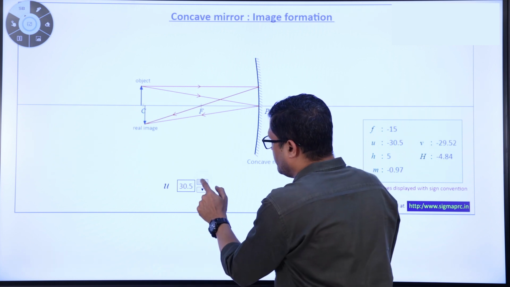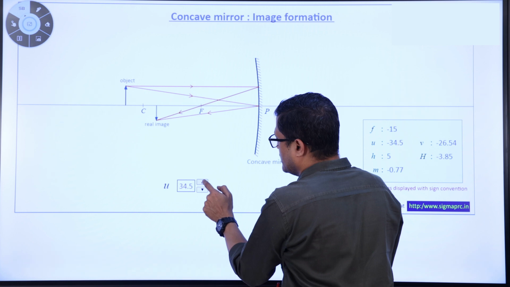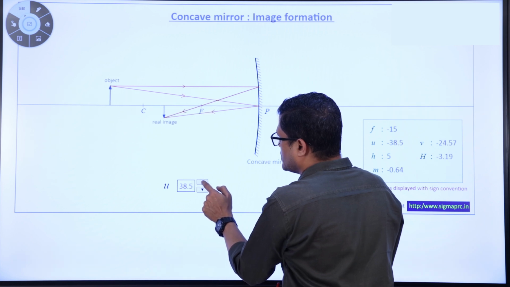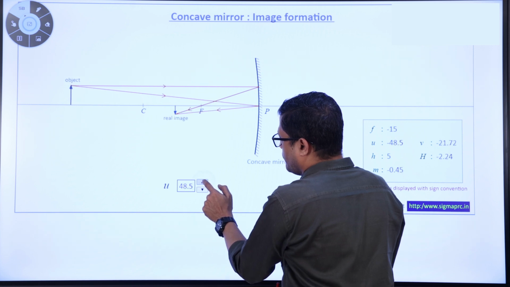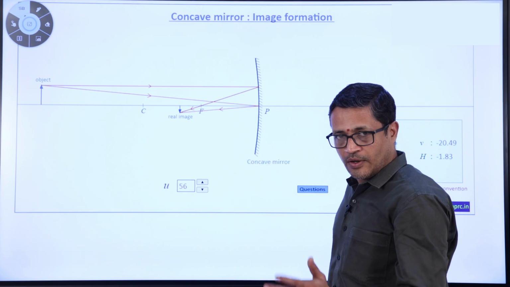If I move it further, you see a diminished image is formed. It is smaller in size. And as it keeps moving further, you will get a smaller and a smaller and a smaller image. It becomes very small. Okay.